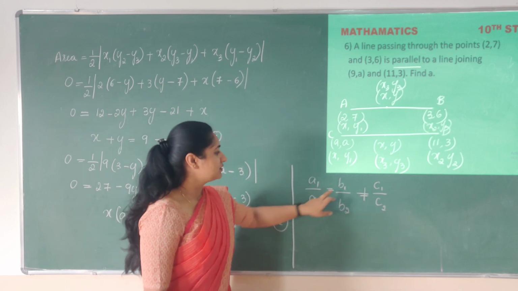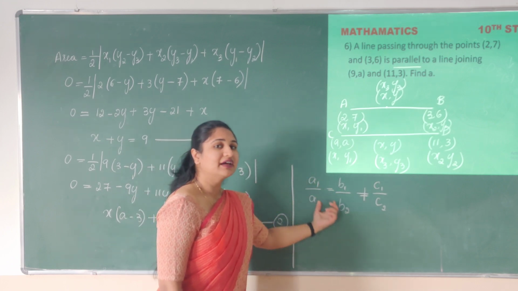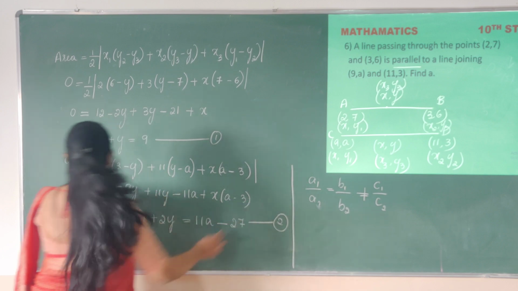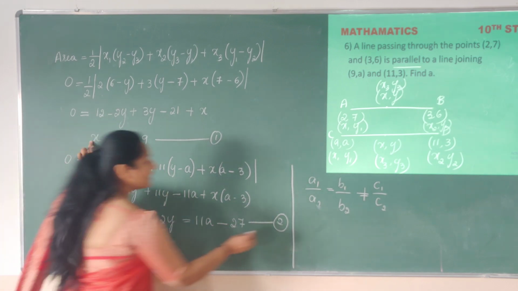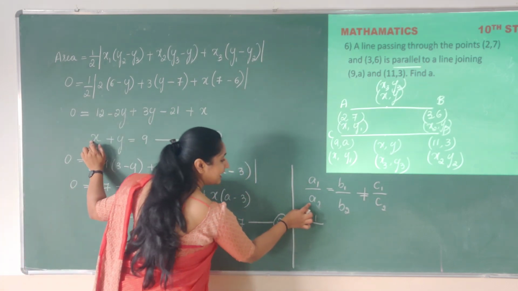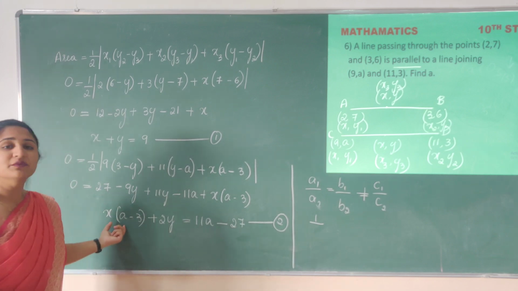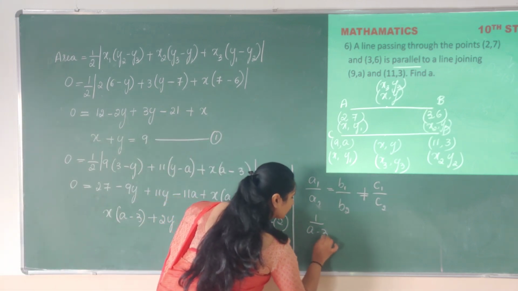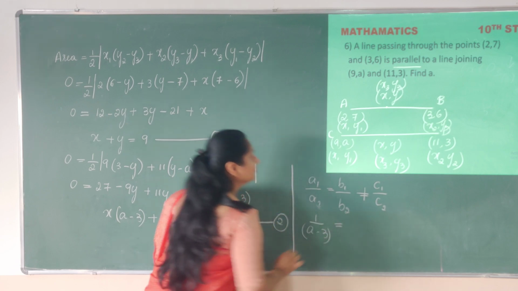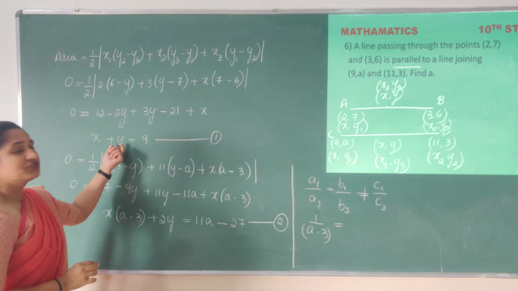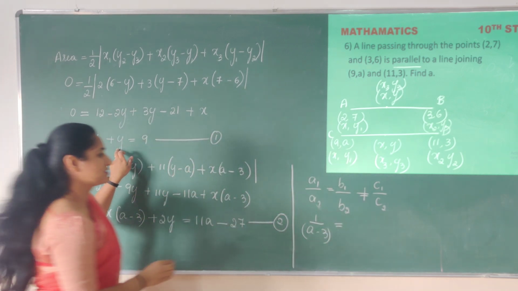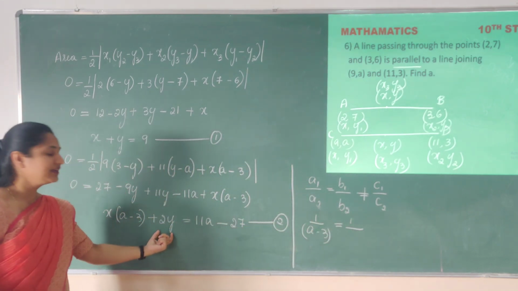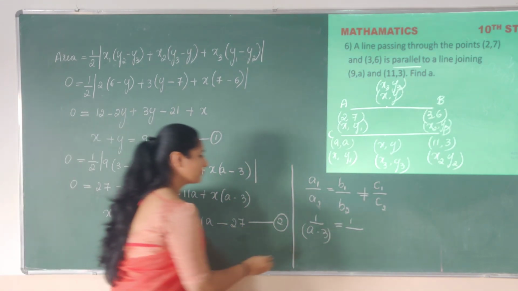We'll substitute the values from equations 1 and 2. a1 is the coefficient of x, which is 1, divided by a2, the coefficient of x in equation 2, which is a minus 3, equal to b1, the coefficient of y from equation 1, which is 1, divided by b2, the coefficient of y from equation 2, which is 2.